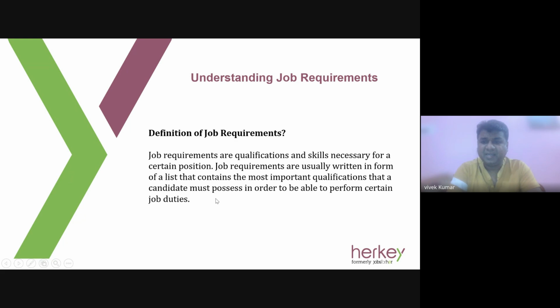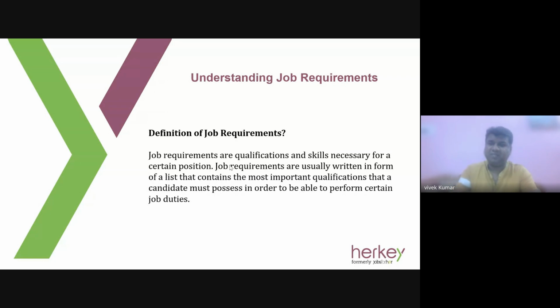Now, normally when you frame a job requirement, it has to be very, very specific. You cannot be very subjective and say, I just want someone with good skills in sales. You have to be very specific, saying maybe this person should have very good persuasion skills, maybe he's very good at negotiation and bargaining, he has very good presentation skills.